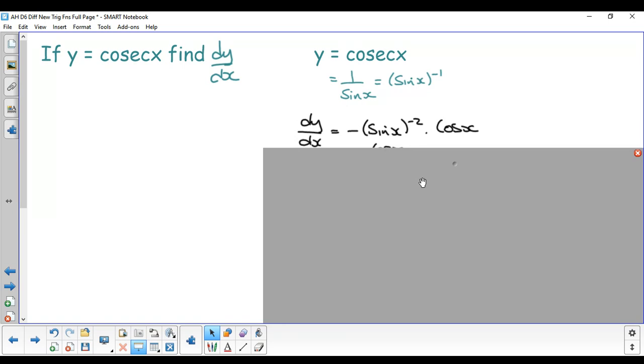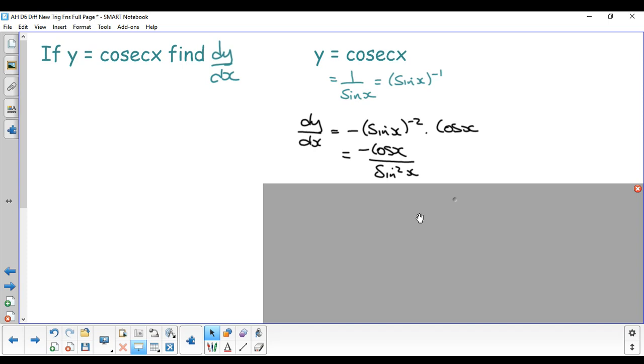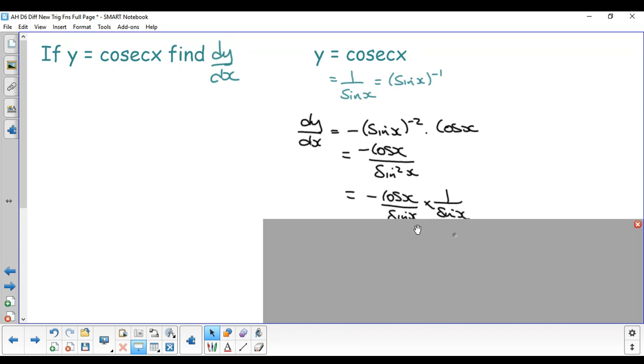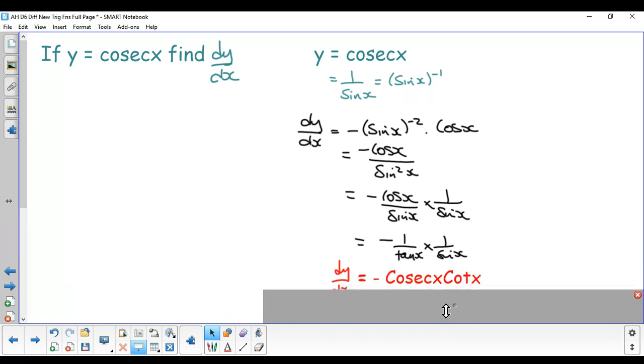Then we can bring the negative index downstairs, so it's minus cos over sine squared x. Let's split that up, so it's minus cos over sine x times 1 over sine x. And remember, this is tan inverted, so it's minus cot x cosec x. Doesn't matter whether you write the minus cot first or the cosec x. It's like that in the formula sheet, so I've just switched it around.